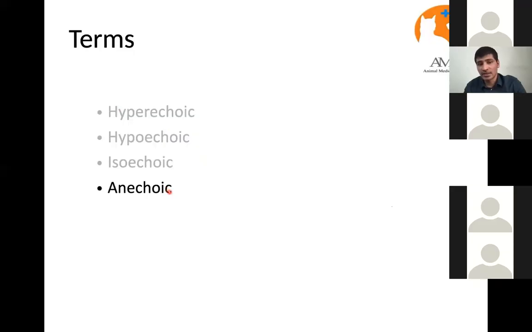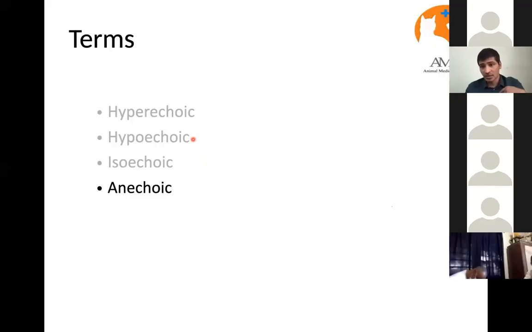And another is anechoic. Anechoic means no echogenicity. That means completely black. Hyperechoic, more white. Hypoechoic, less white. Isoechoic means two objects look the same. And anechoic means completely black.